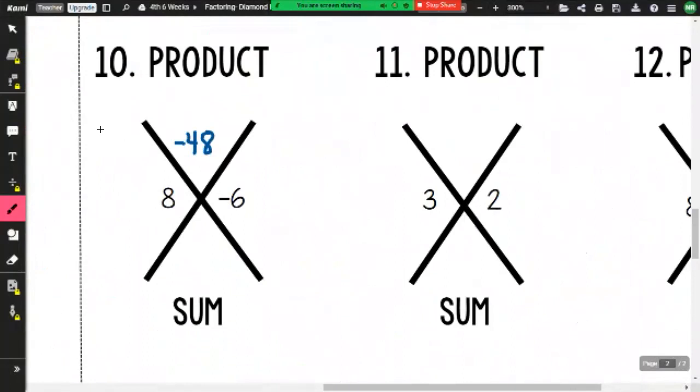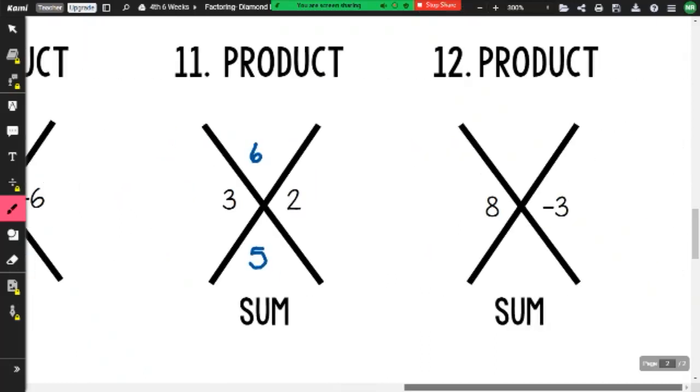Add them. So what is 8 plus -6? +2. All right, 3 times 2 gives us 3 plus 2 gives us 5. 8 times -3 gives us 8 plus -3, also +5.